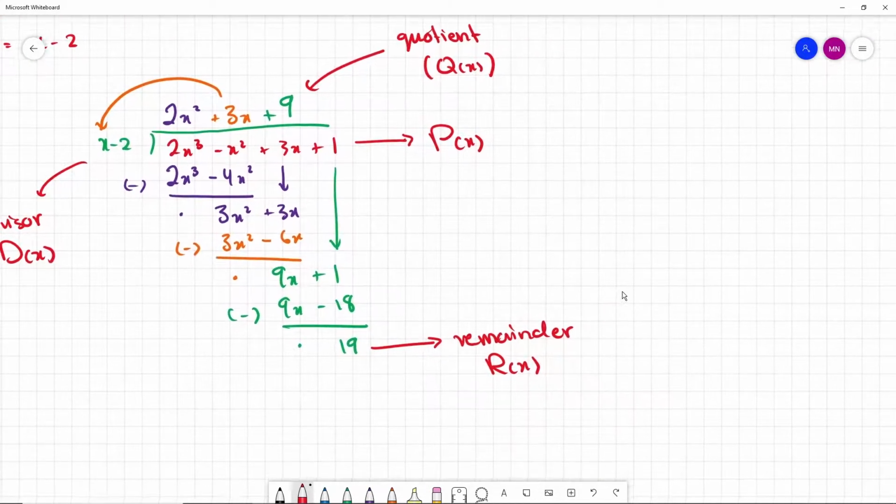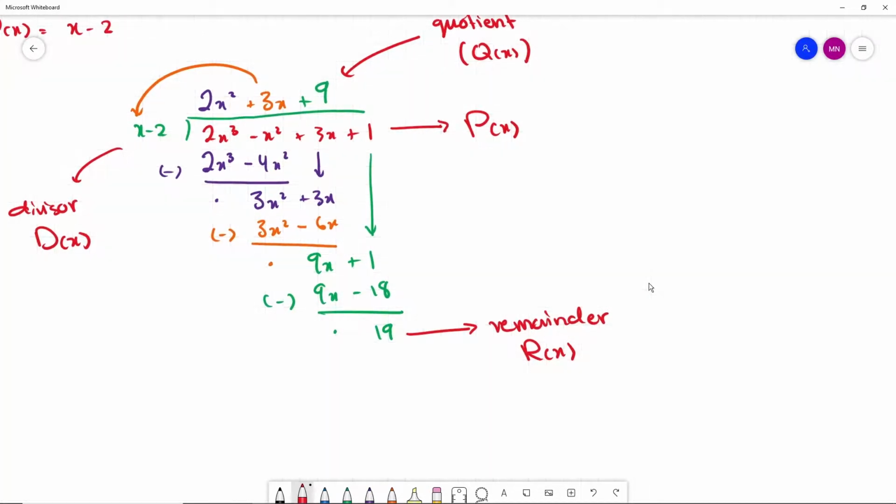Okay, so this method can be rewritten in the form of the formula given to you just now. P(x) over the divisor D(x) equals the quotient Q(x) plus the remainder R(x) over D(x).